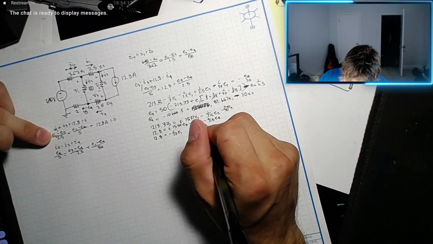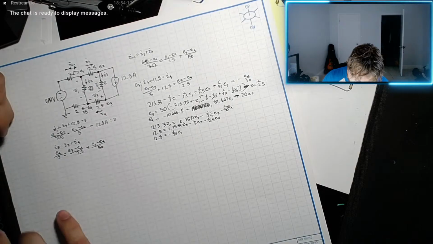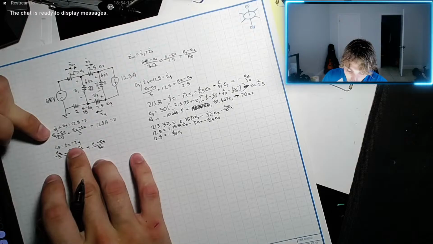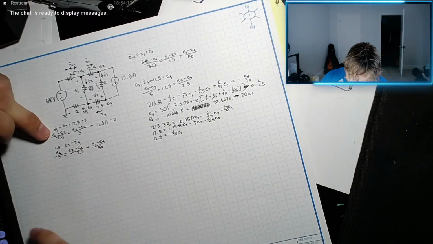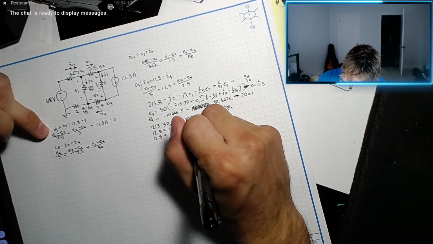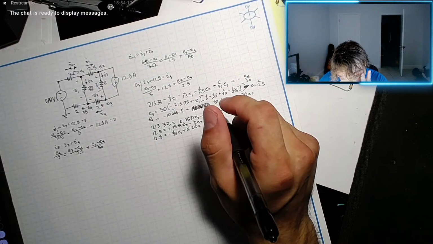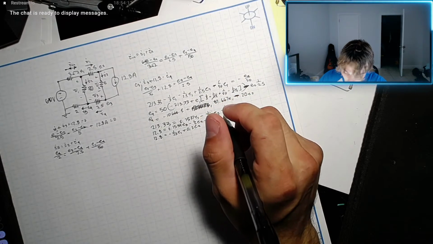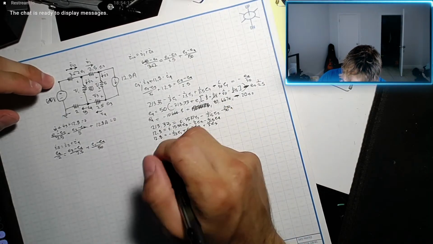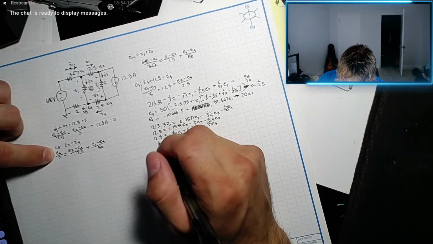So plus 1 divided by 2.5 minus 1 divided by 5, 0.2 E2, plus 1/5 E3. Okay. And our fourth and last equation, it just equals 0.